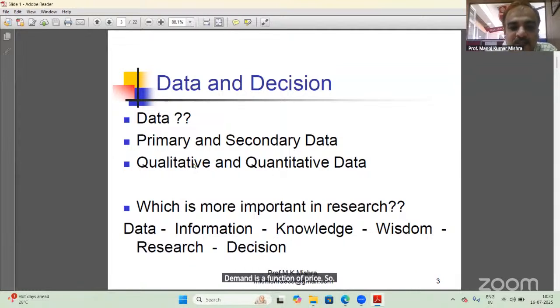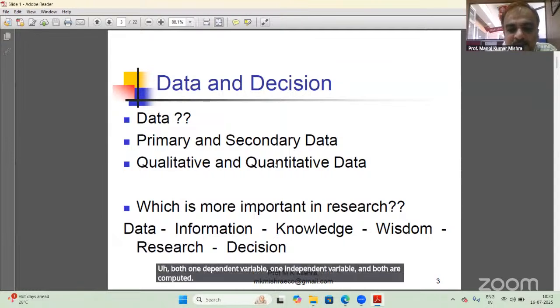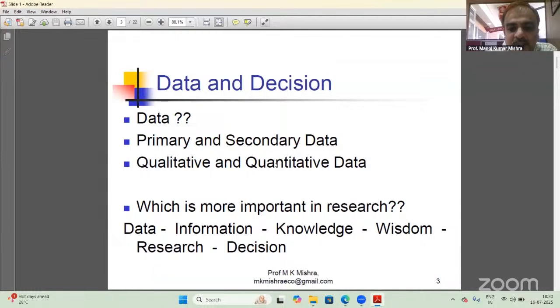So demand is quantitative and price is also quantitative. There is one dependent variable and one independent variable, and both are quantitative. This is a simple relation model, a simple linear demand function.